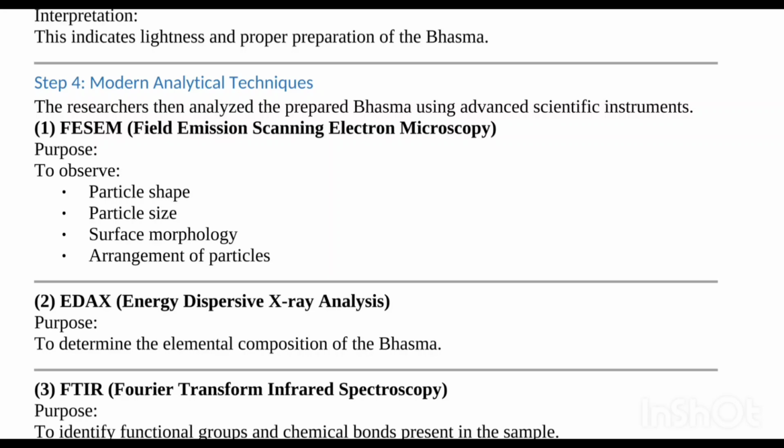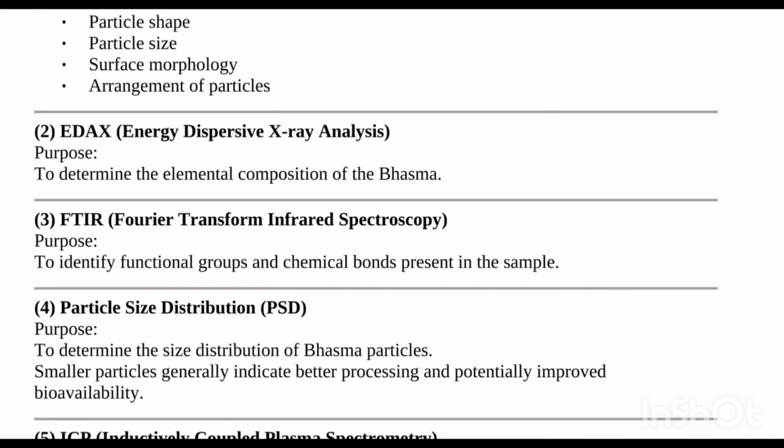In the second form, modern analytical techniques, the researcher then analyzed the prepared Bhasma using advanced scientific instruments. The first is field emission scanning electron microscopy, to observe the particle shape, size, surface morphology and arrangement of the particles. Second, EDAX, used to determine the elemental composition of the Bhasma.